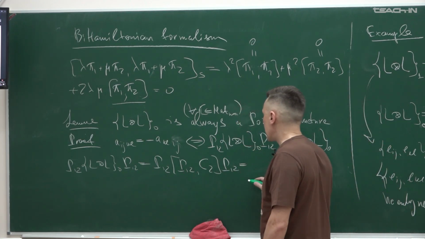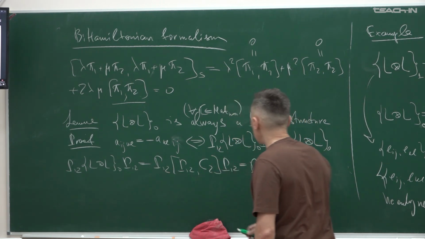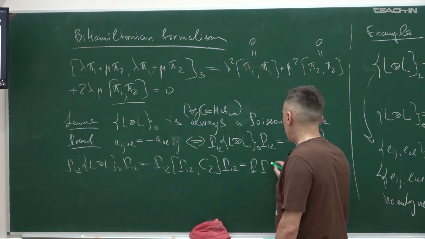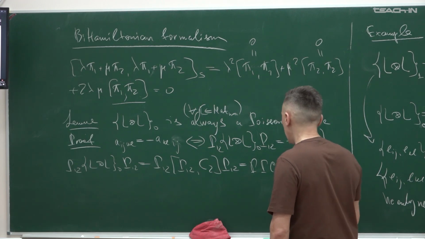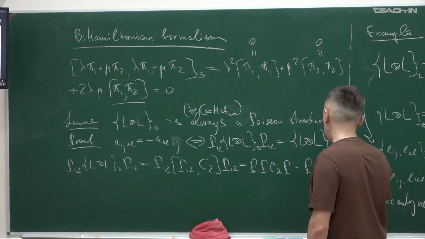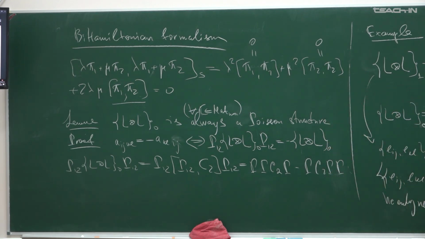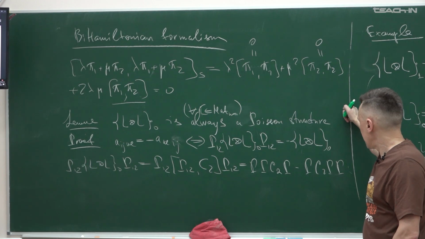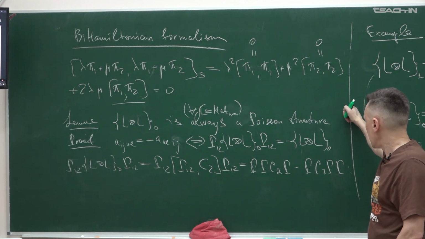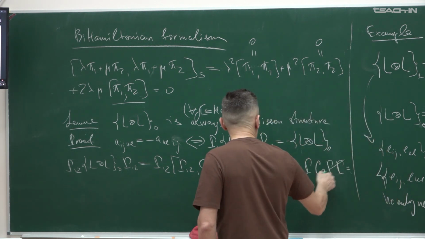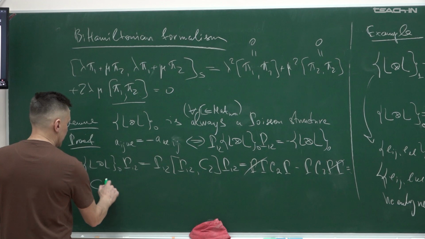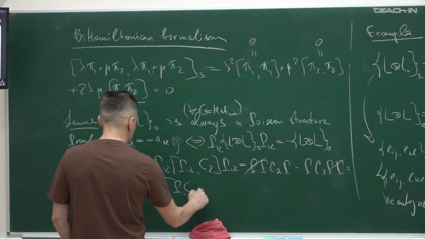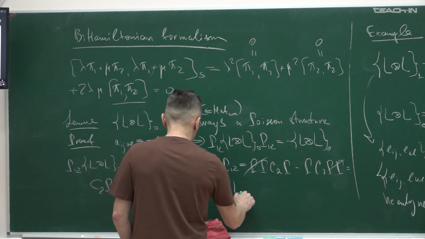So now I expand the commutator and I will omit indices, so it's always P: P, C2, P minus P, C2, P. It is C2 P minus P C2, so it is minus P C2, and it is minus L0.